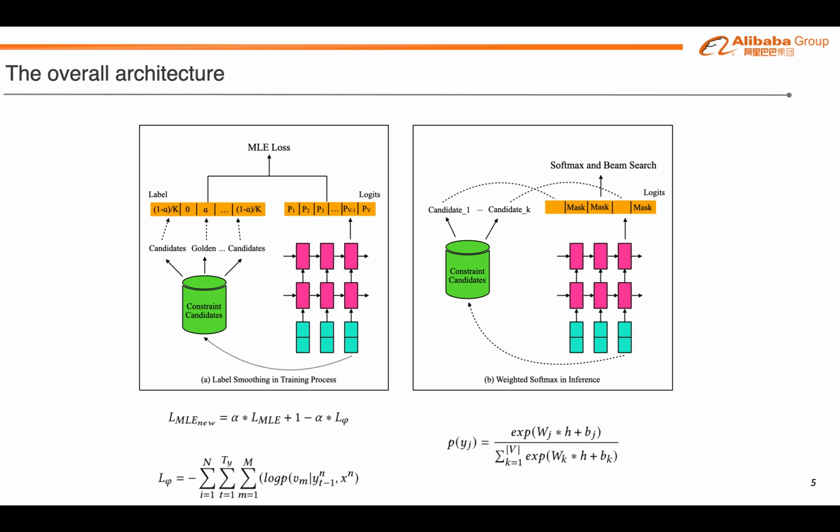In this way, the translation model merely calculates the prediction distribution on the constraint translation candidates, thus generating more related tokens for the subsequent task. The benefit of candidates is offering a bridge between translation and information retrieval, so the quality of the candidate database is a key factor of our work.